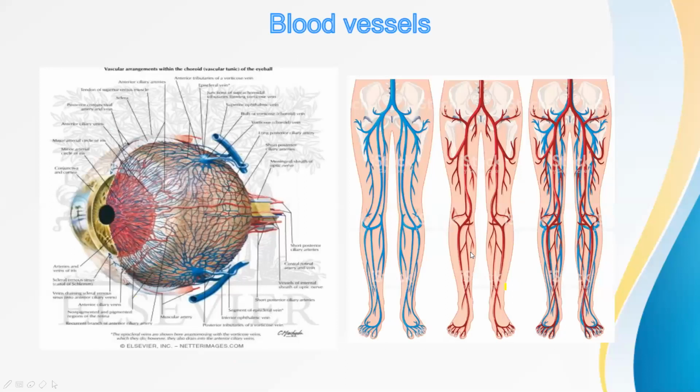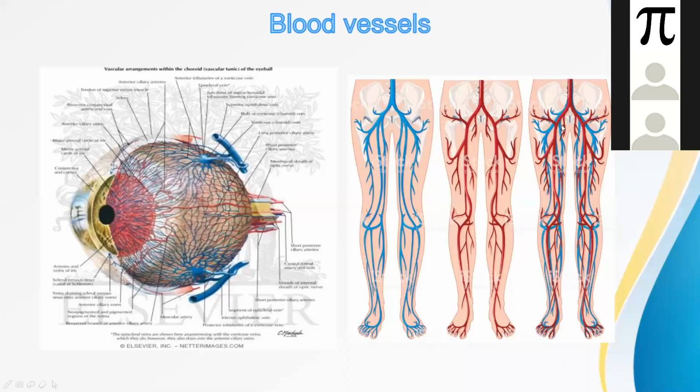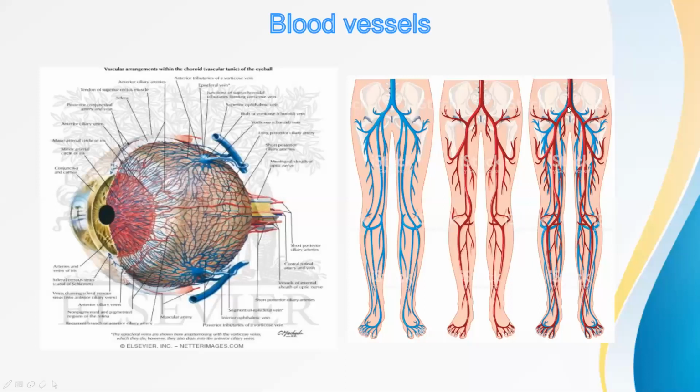And in this part, you are seeing these are the veins which carry the deoxygenated blood, and these small blood vessels we call capillaries. So in this picture, you are seeing the flow of the 2 types of blood vessels. This one is the artery, and these are the veins.